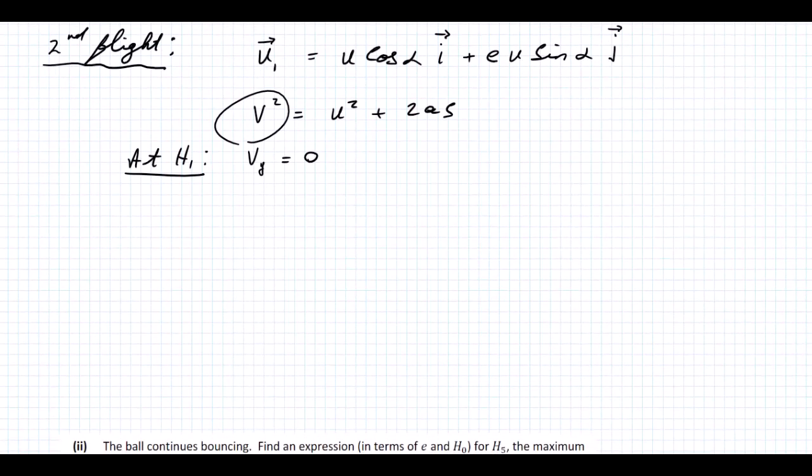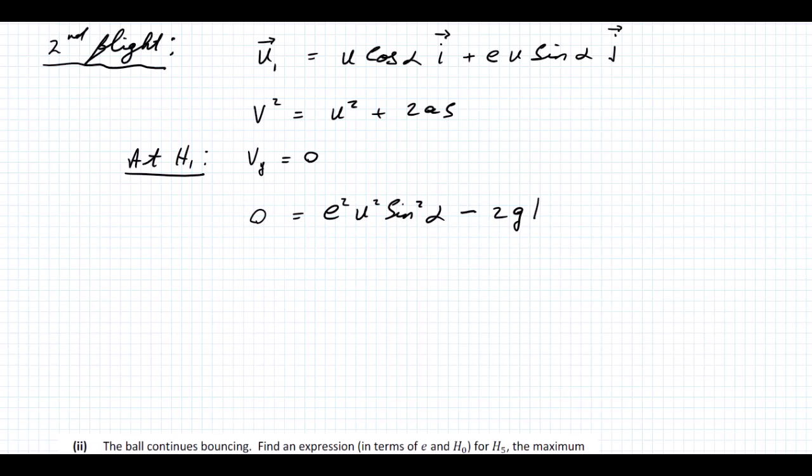The velocity in the y direction here is going to be 0, so we've got 0 is equal to u squared, so the velocity in the y direction squared, which is this thing here, so that's going to be e squared u squared sine squared alpha plus 2as, so that's actually going to be minus 2g, and our distance is going to be h1. So if you mess around with that, then you just get h1 is equal to e squared u squared sine squared alpha all over 2g.